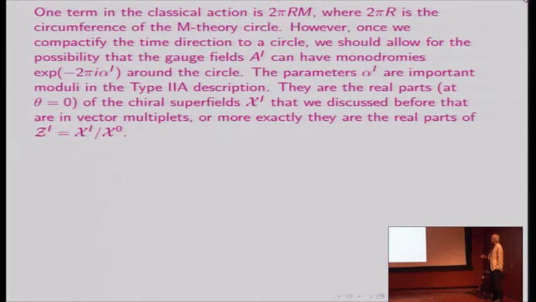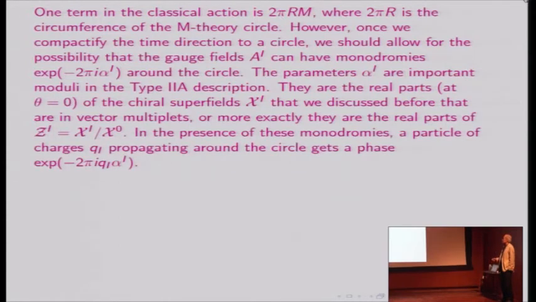They're the real parts of the chiral superfields that we discussed before. So at the beginning of the talk, when we were doing 4D supergravity, the chiral superfields we discussed included these monodromies. So if we want to make contact with that part of the discussion, we should include them now.